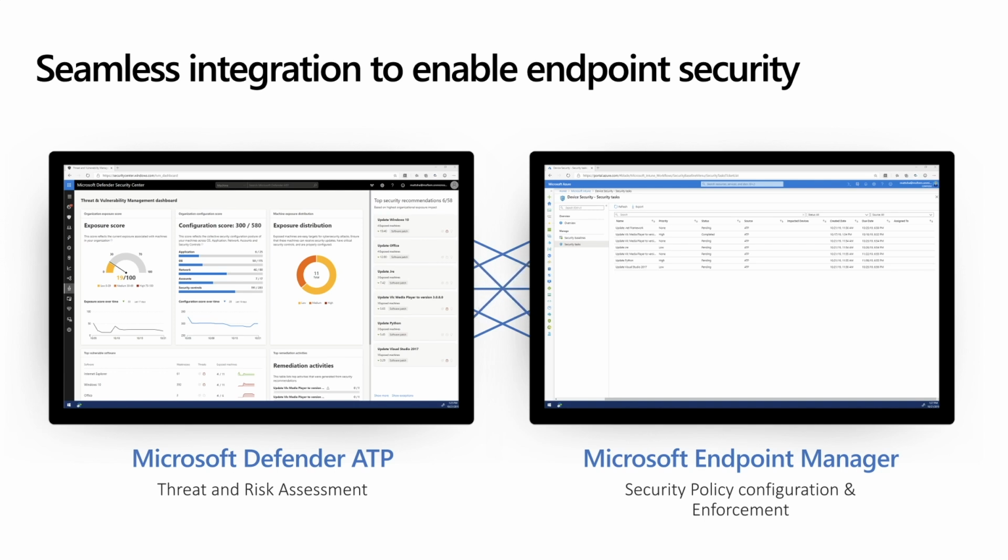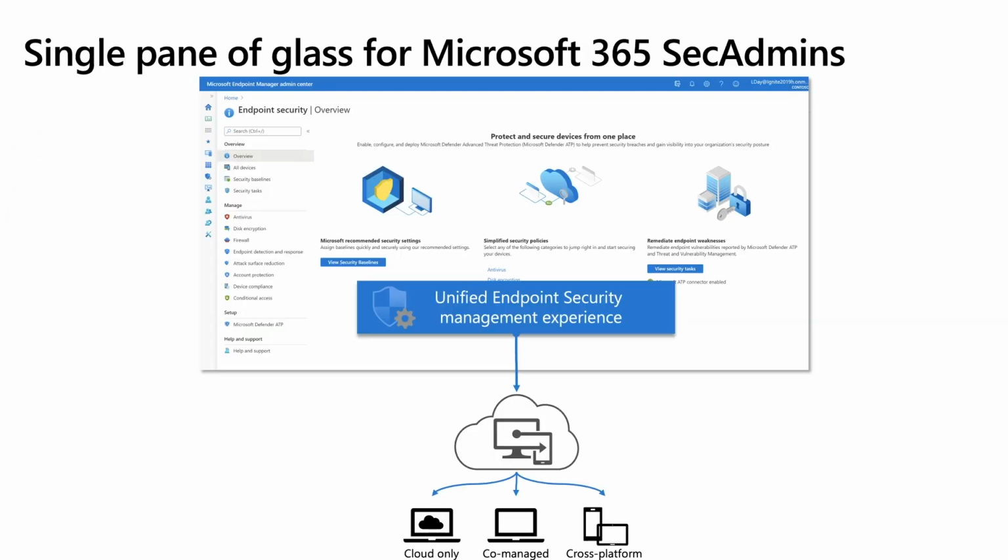The other main concept these customers adopted was the capability that Microsoft Endpoint Manager provides by offering a single pane of glass for Microsoft 365 administrators for security management. In the console that Matt will be demonstrating, we have all the security knobs needed for antivirus, firewall, and disk protection, all available from a single pane of glass.